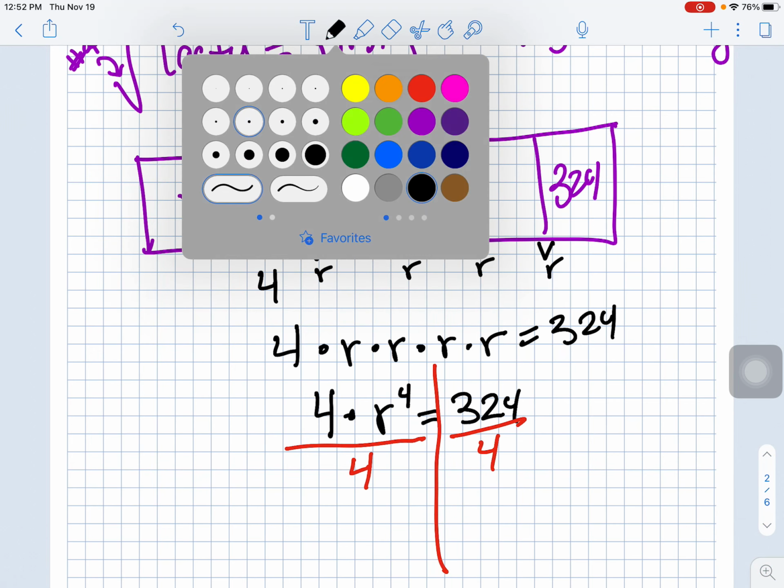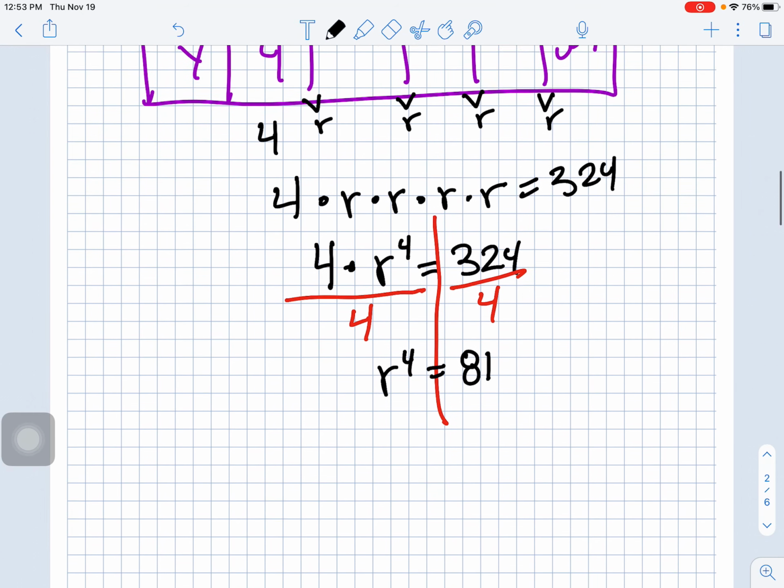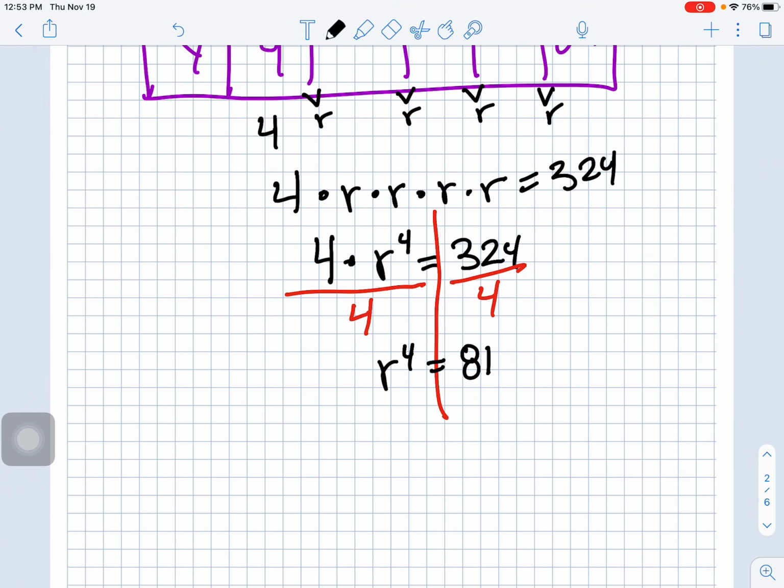And so that leaves me, 4 divided by 4 gives me 1, and 1 times r to the 4th power is just r to the 4th power. And 324 divided by 4 gives me 81. So this says, hey, r times r times r times r equals 81. So I could work backwards and I could guess and check and kind of figure out numbers, or I could learn from my teacher that the opposite of exponents isn't really division.